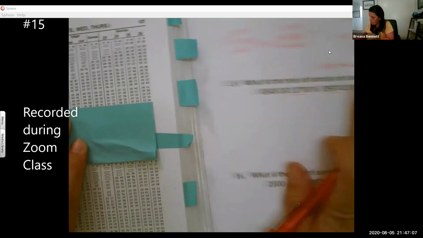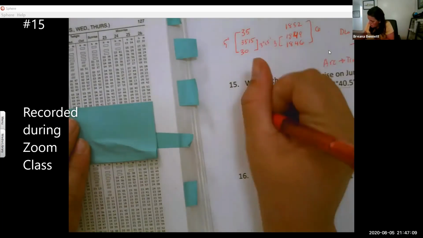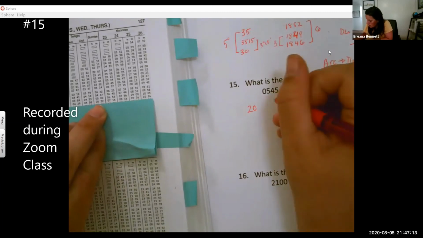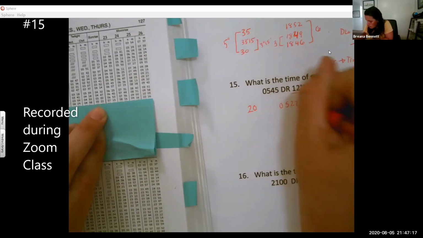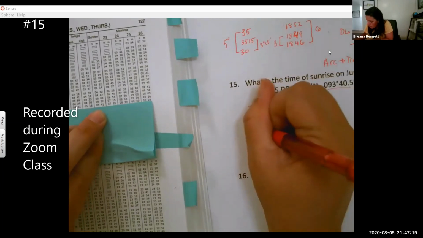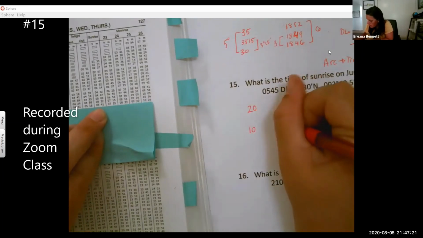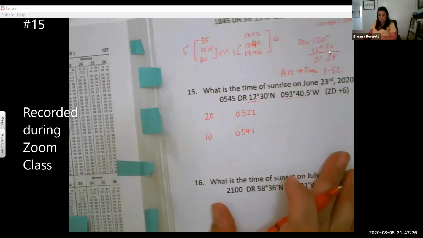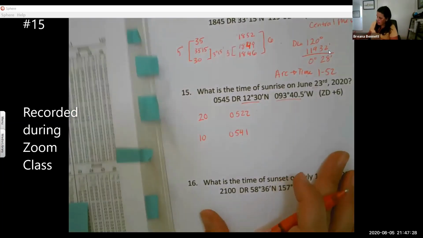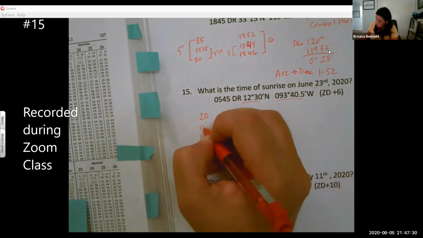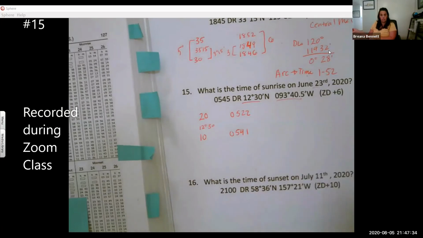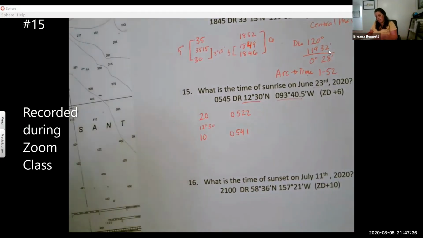So I'm going to write in 20 is a sunrise of 0522, and 10 is a sunrise of 0541. So that's kind of my brackets here. And I'm looking for 1230, so I go to my table.